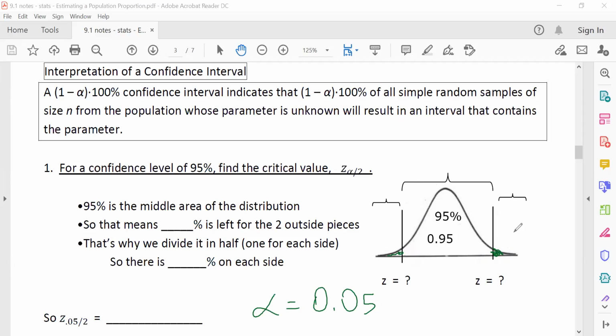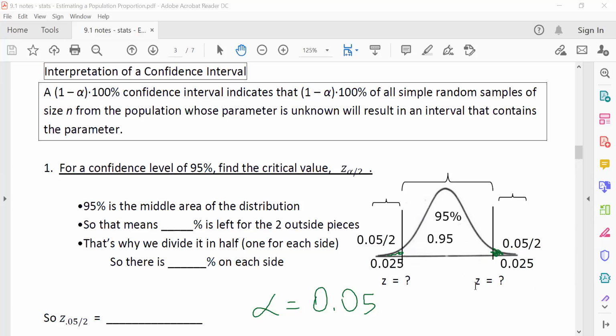But then because of symmetry, you've got to split it in half, so that half goes into each tail. So actually, the proportion of the data in this tail is 0.025. The proportion of data in this tail is 0.025.